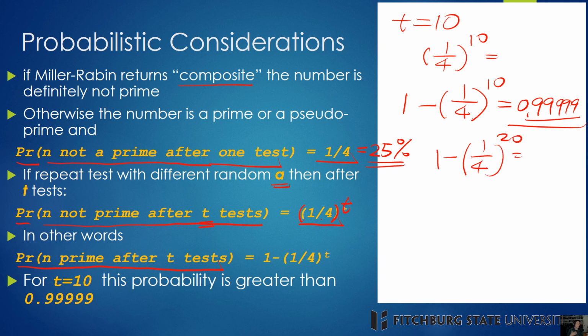Now this one, that's almost 0. So the probability that n is a prime after 20 tests is very, very close to 100% chance.